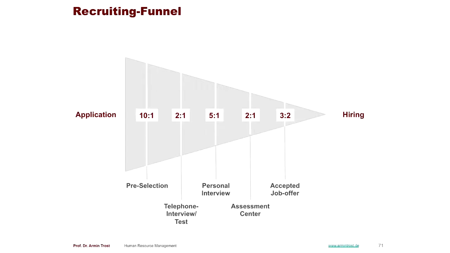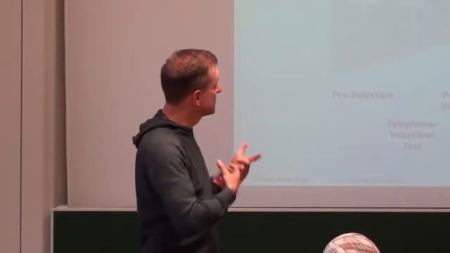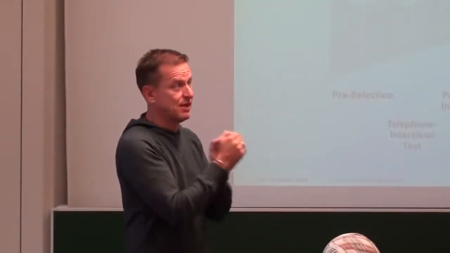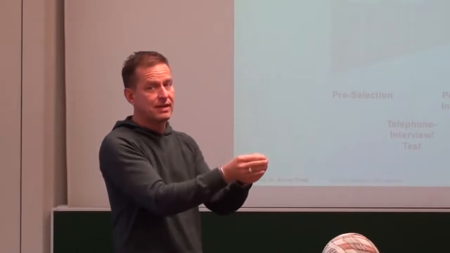You can now calculate how many applicants you would need at the beginning to have one single applicant who takes the offer. And that again is the problem we already talked about. For critical positions, companies don't get so many applications that they can really select through the process. So at the end they have the one single perfect candidate.